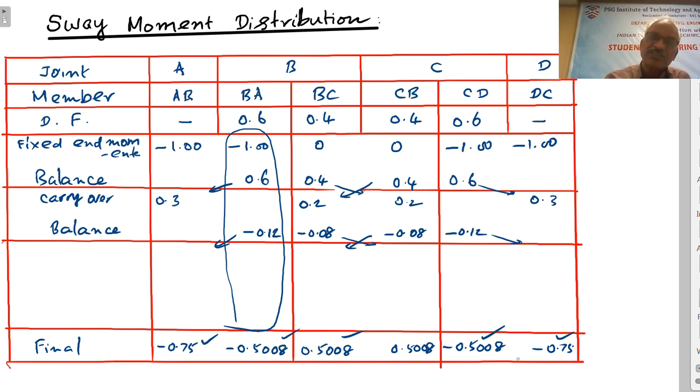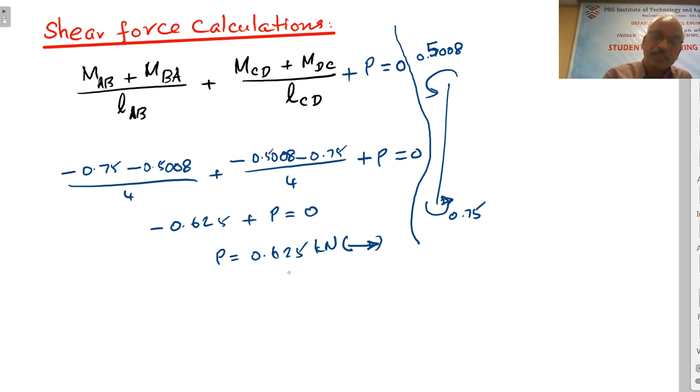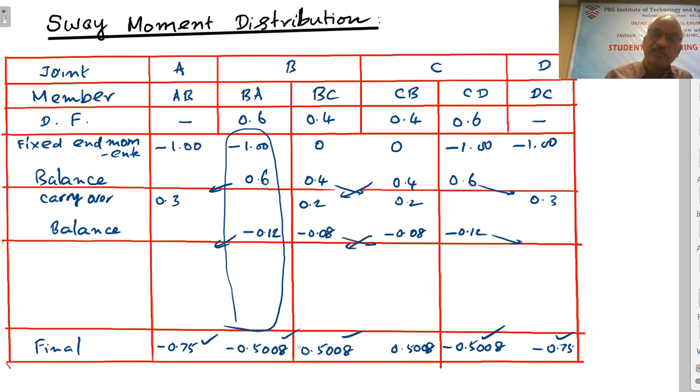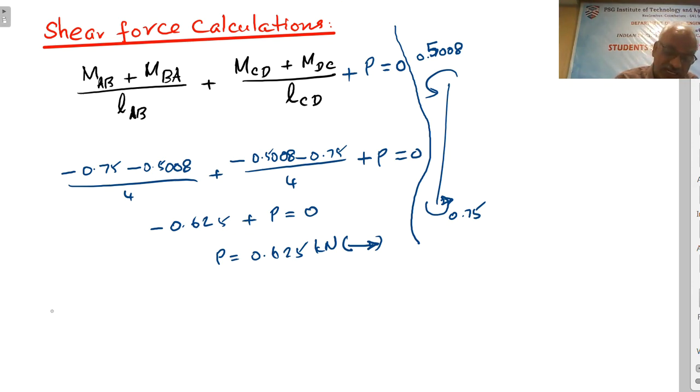So if the sway force is 40 kilonewton, what are the moments? They are the sway moments. If the sway force is 0.625, these are the moments. We know that the sway force is 40 kilonewton. So when sway force is 40 kilonewton, what are the moments? Therefore, we have to find out the correction factor.